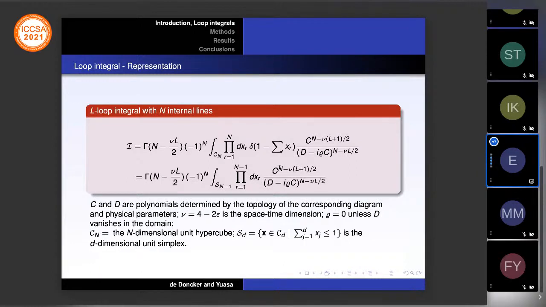The c and the d under the integral are polynomials, and the nu is the space-time dimension. That depends on a parameter epsilon. Epsilon will appear in the asymptotic expansions for the integrals as epsilon goes to 0.